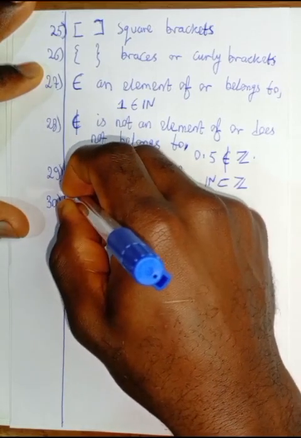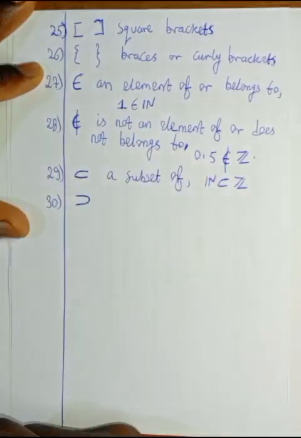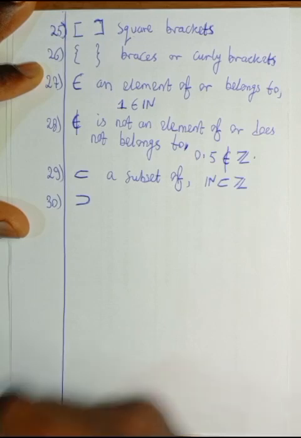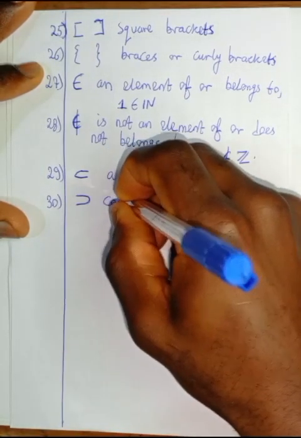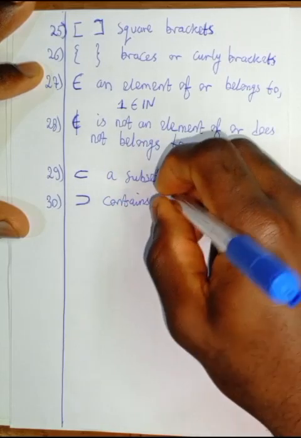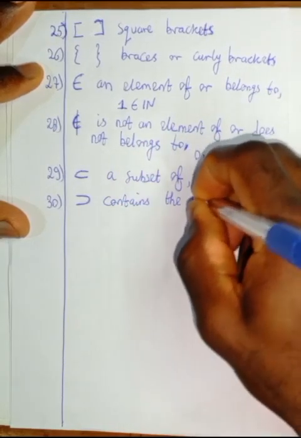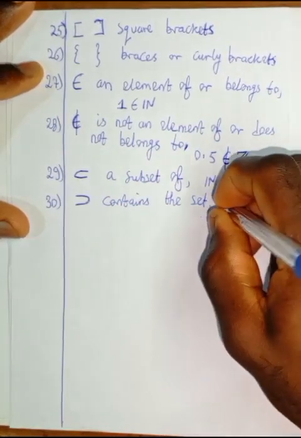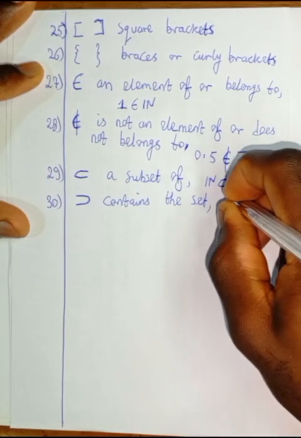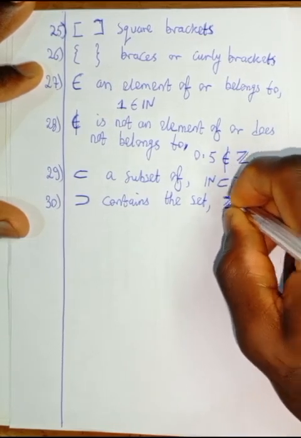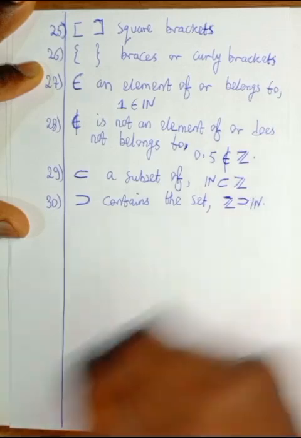We have a symbol which looks like a C as such, pointing in the opposite direction, which stands for contains the set. For example, the set of integers contains the set of natural numbers.